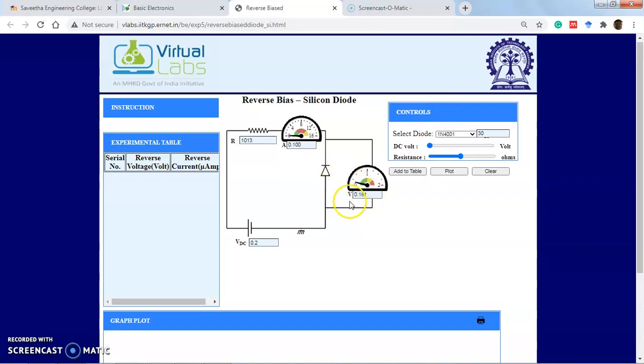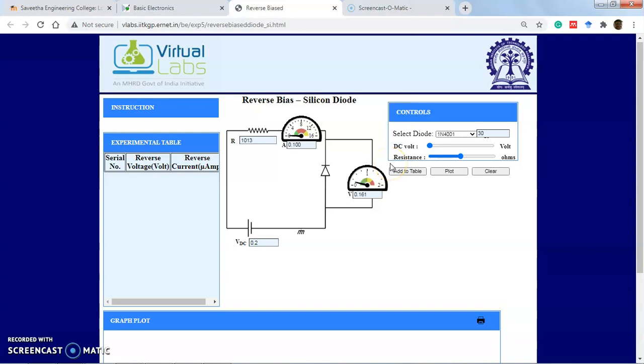We already discussed this, and here we have to increase the voltage from 0.2. Initially we fix it at 0.2, and then we raise the voltages gradually. When we raise the voltage from 0.2 to 5, because the polarity is changed, sometimes the diode will be broken because of the heat produced in the diode.